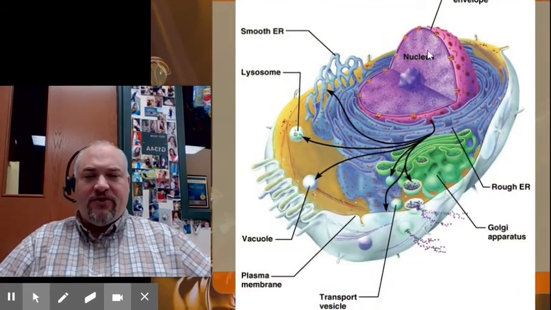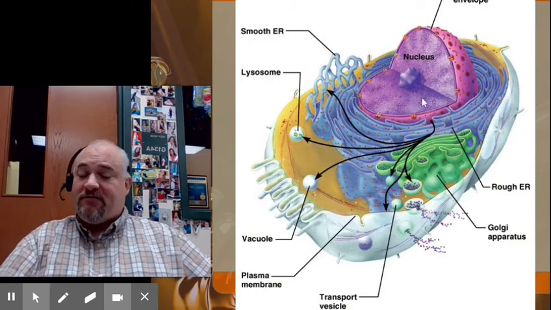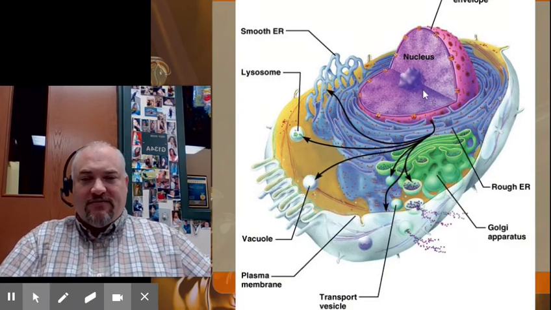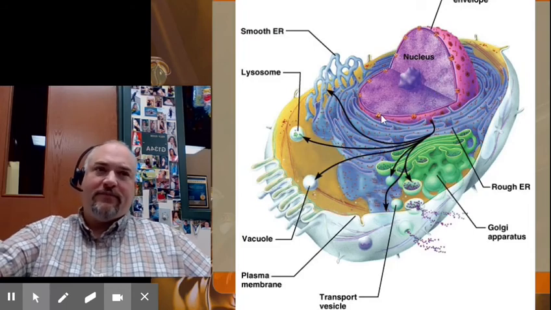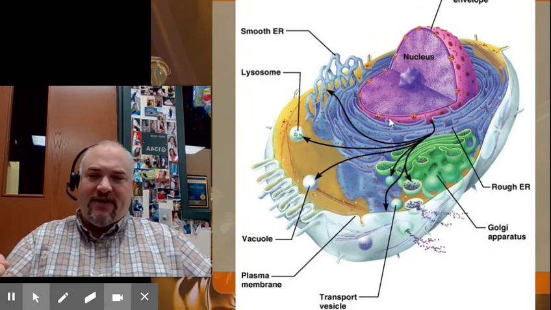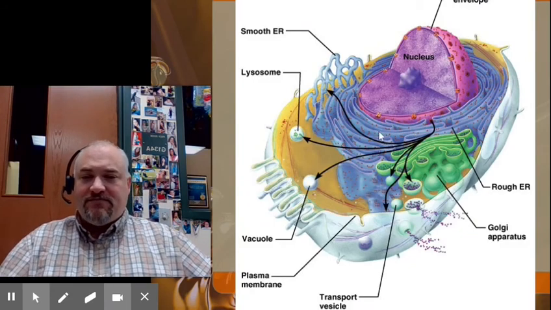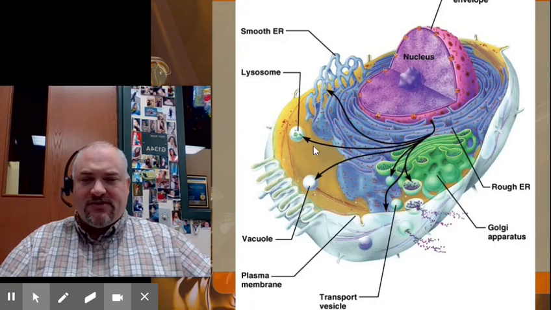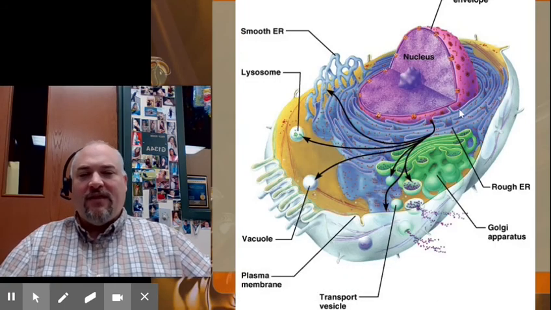So we can see here, the nucleus, it's going to contain the DNA that's got the instructions for making the proteins. So you'll get DNA, you'll make a copy of a gene onto mRNA, messenger RNA, which will send it out to the various ribosomes. And these various ribosomes will then make the proteins. If they're just free-floating ribosomes out here, there's going to be proteins that stay in the cell.